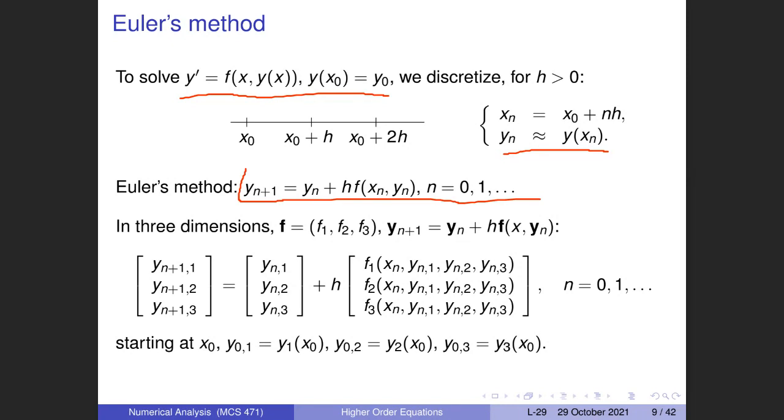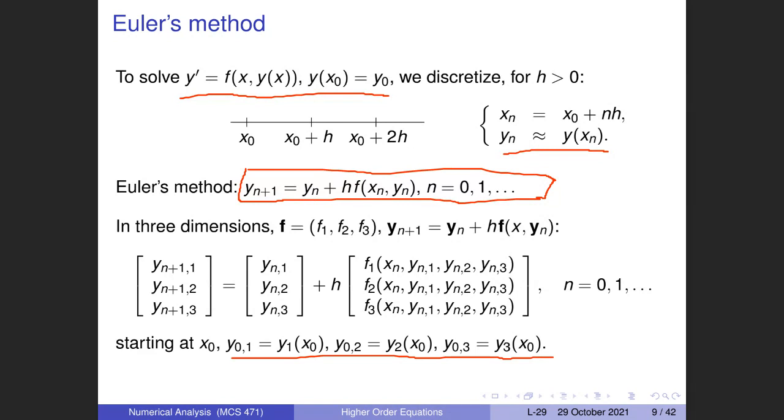Euler's method is then naturally generalized in vector notation. Suppose we have three dimensions. We have 1, 2, 3 as the second index, 1, 2, 3 for the approximations. So our approximations are now starting at these values here. And our function, our little f, is actually now a fat F of three functions, f1, f2, f3.